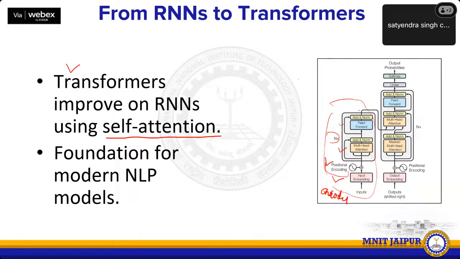The output of the last encoder goes to the multi-head attention in the decoder part. The decoder is usually the same, however one additional masked multi-head attention is introduced, and then multi-head attention which takes the encoder output as well, and then feed forward, repeated multiple times. Then a linear layer and a softmax layer for the output. We are going to discuss this in detail.